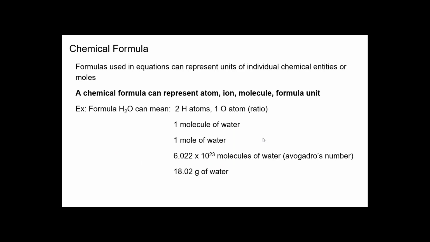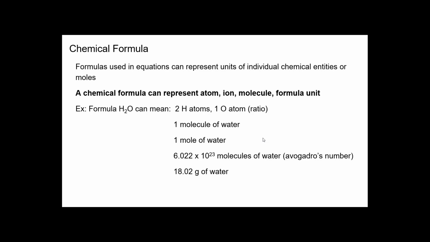Okay, so formulas used in equations can represent units of individual chemical entities, or moles. A chemical formula can represent an atom, an ion, a molecule, or a formula unit. So we can use a chemical formula to take so much information, more than you realize. If we look at a 1 H2O molecule, this means that you have 2 H atoms and 1 oxygen atom.